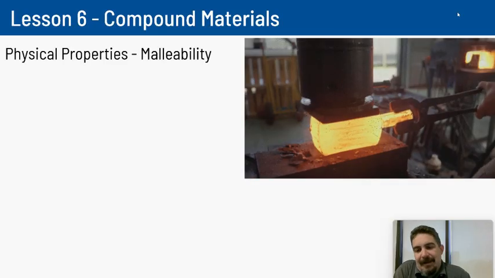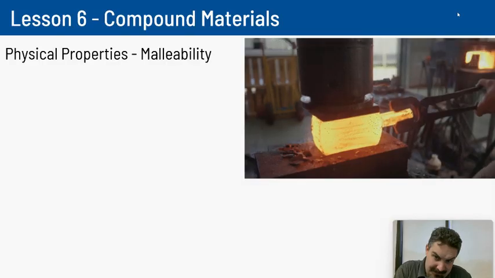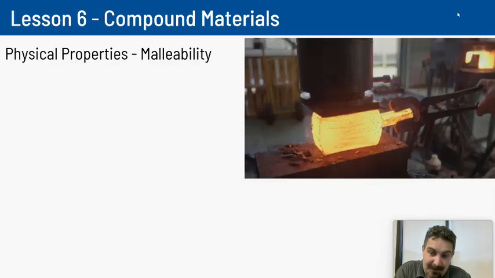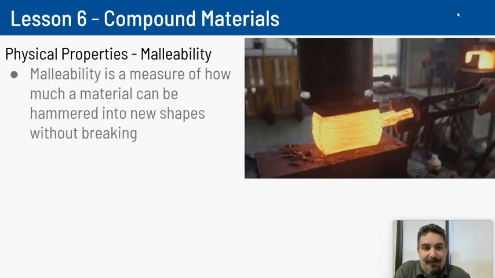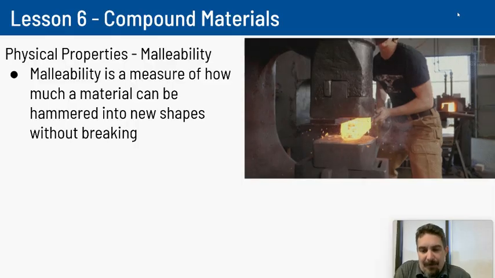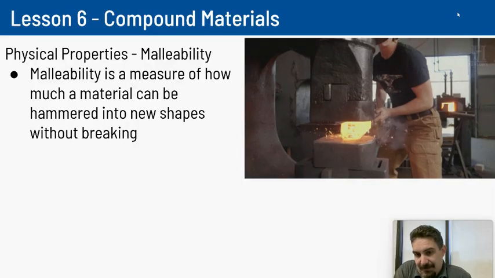Now, the next one we're going to talk about here is malleability. You can see this here where a forge hammer is being used to press down on this block of very, very hot metal. And so malleability is measuring how much you can hammer that material into a new shape without breaking it, right?